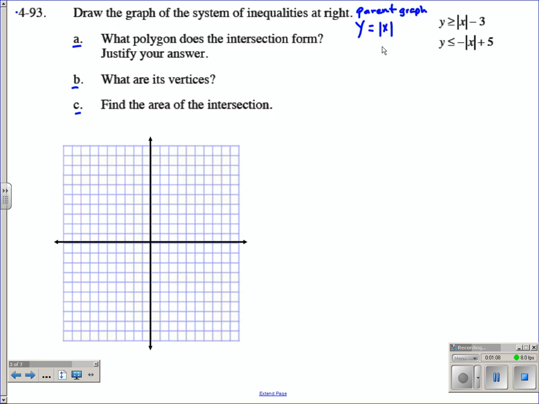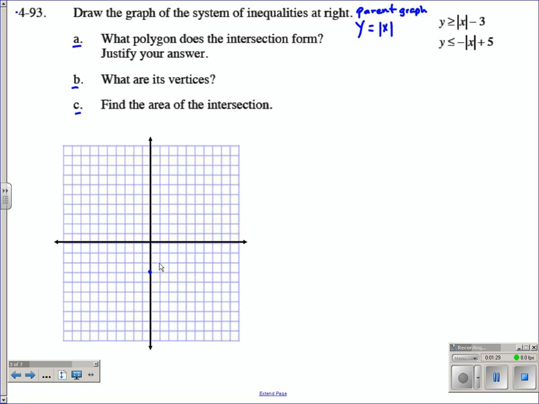If you think about general form here, this minus 3 is just going to take what we would have for this and move it downward. So we're going to move down 1, 2, 3. We're going to have a point right here. There is no a value there, or the a value I should say is 1.